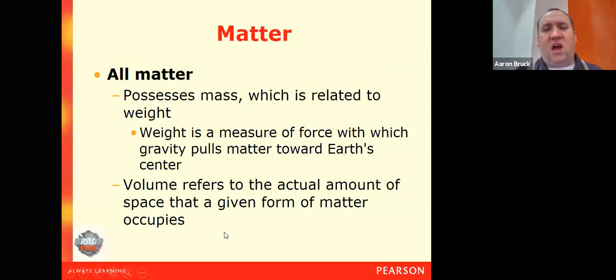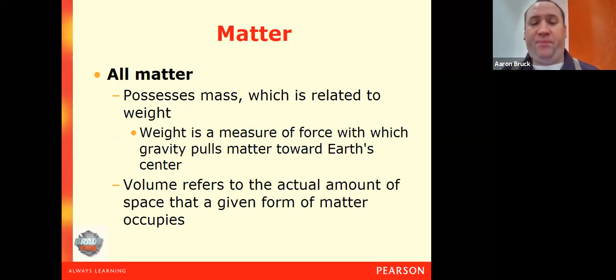The last thing that we're going to talk about today is the concept and construct of matter. So now we're moving off of units and measurements, at least temporarily, and we're going to talk about matter. Now, matter, by definition, is anything that takes up space, that is, has a volume, and has a mass.